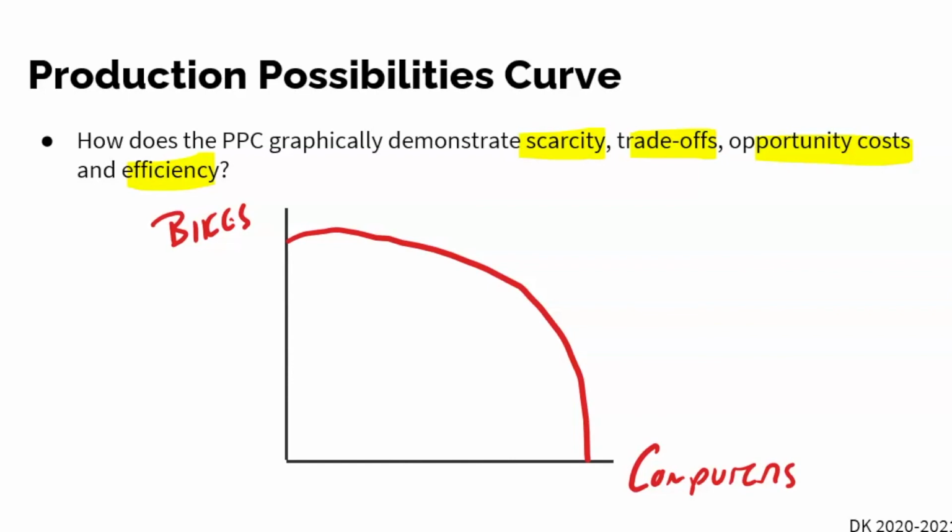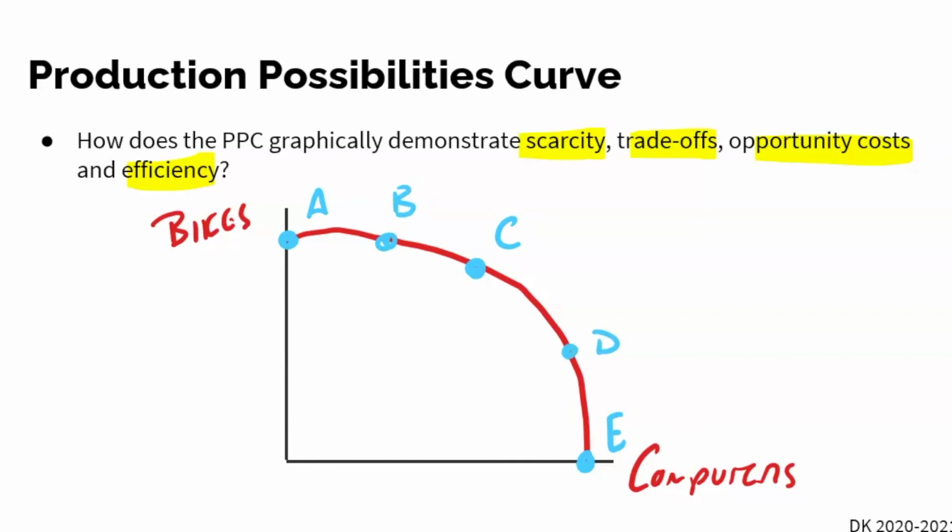Are they going to be producing at point A, where they're only producing bikes and no computers? Are they going to be producing at point E, where they're only producing computers and no bikes? Or are they going to be producing somewhere around point C, where they're producing some bikes and some computers? And of course, we have point B and point D here.